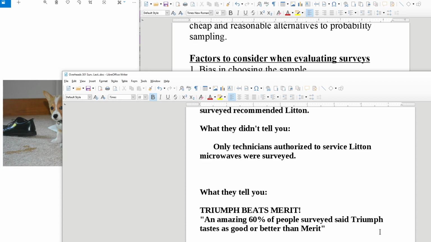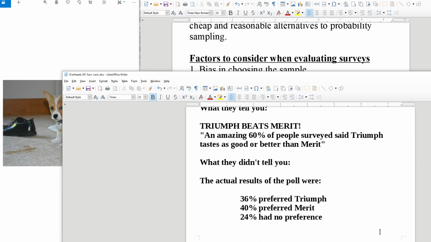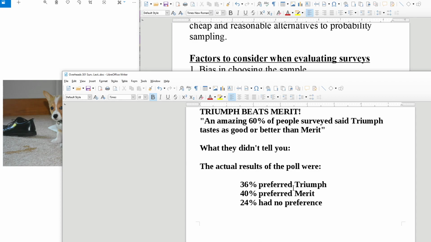All right, let me show you the actual results of the survey. Do remember it says in the headline, Triumph beats Merit. So let's go. The actual results were 36% preferred Triumph, 40% preferred Merit, and then 24% had no preference. So Triumph actually got fewer votes than Merit.